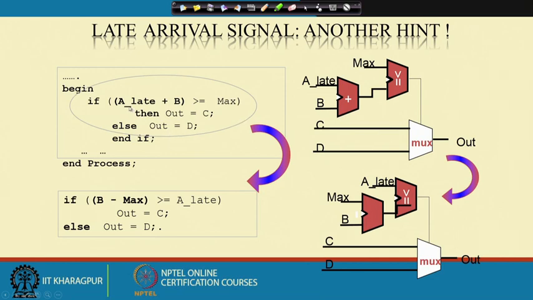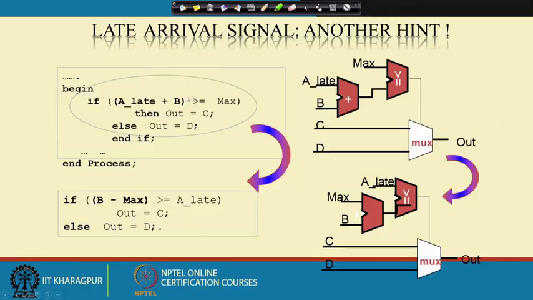That means a_late is the signal which is arriving at this particular logic lately. It has to be added with b, and the value will then be checked with max. If this condition is satisfied, then out will be selected as C, otherwise out will be selected as D.